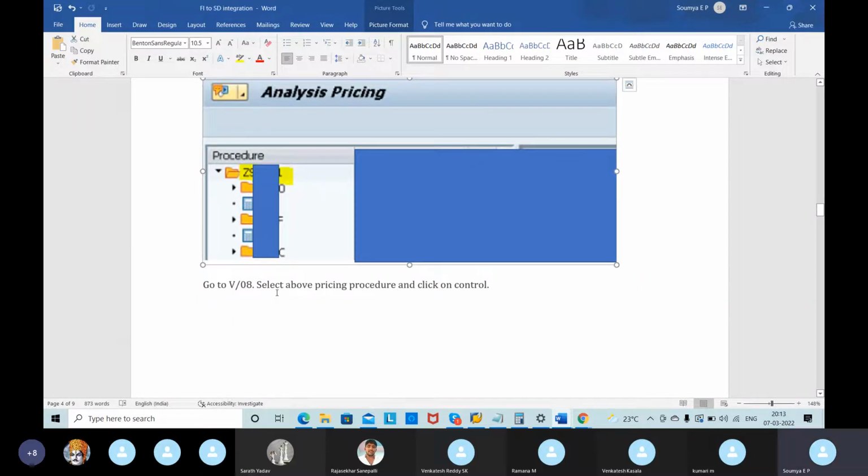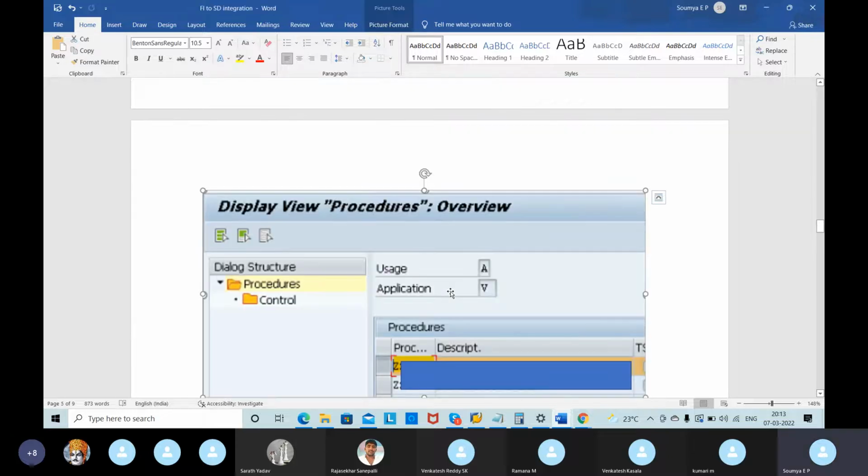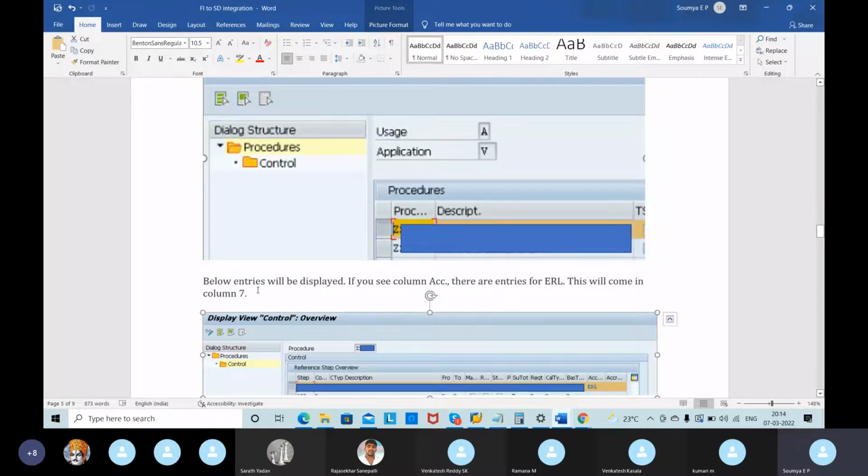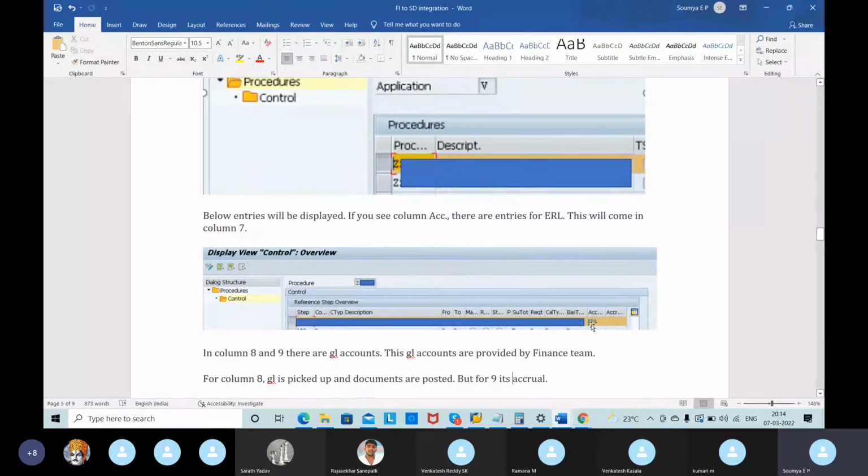Go to V/08, select the above pricing procedure and click on control. Display the V procedure overall. This is the table. The below entries will display in the column. There are entries for ERL. This will come in column 7. Here is the entry ERL.